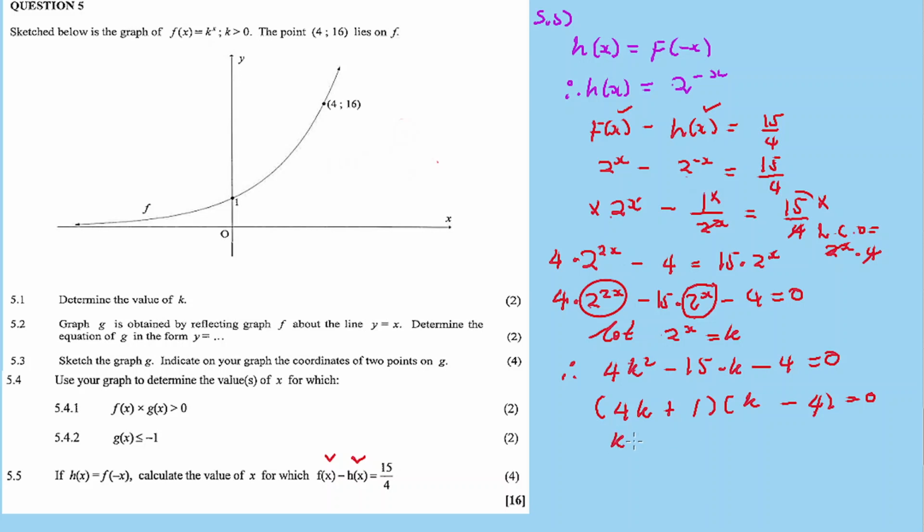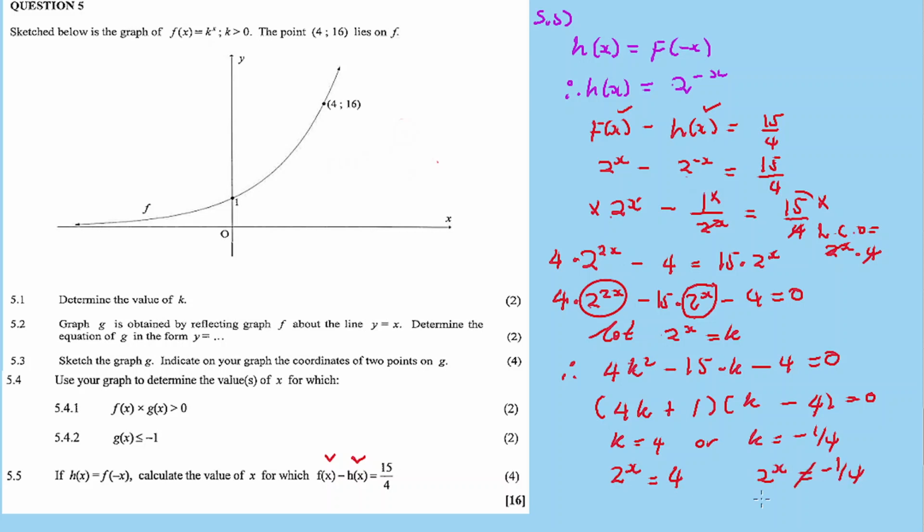Therefore k will be equal to 4, or the other k will be equal to minus 1 over 4. Therefore let us substitute back our exponents, our powers. Then we have 2 raised to exponent x equal to 4, and 2 raised to exponent x equal to minus 1 over 4.